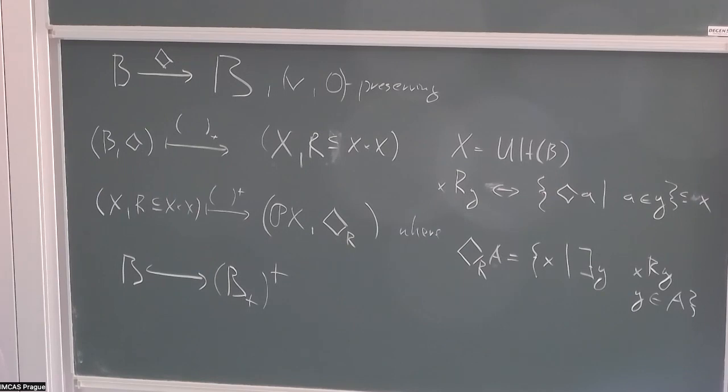So this was the basis of the construction of Jónsson and Tarski. Hopefully I won't get any more technical. And somehow it combines the discrete and non-discrete stone duality.